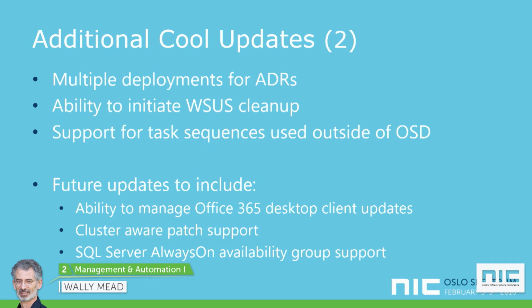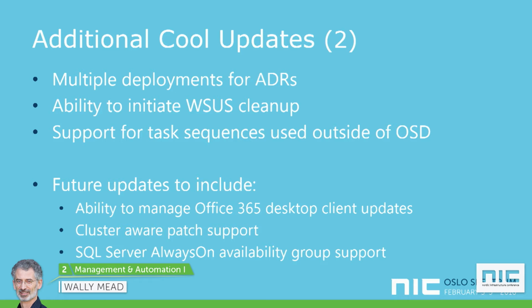So, all right, multiple deployments for a single ADR. In the past, when you created an automatic deployment rule, it would create your software update group or append to it, create a software update package, you put your stuff in it, and then create a deployment for you. But it was targeted to a single deployment for that ADR. But you guys have different processes for deploying.